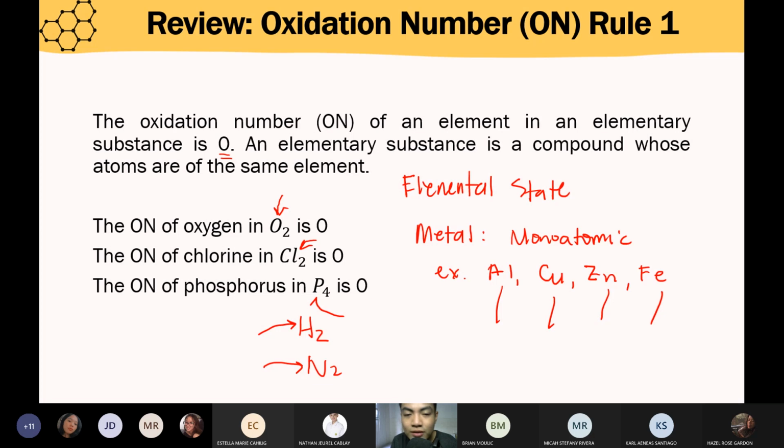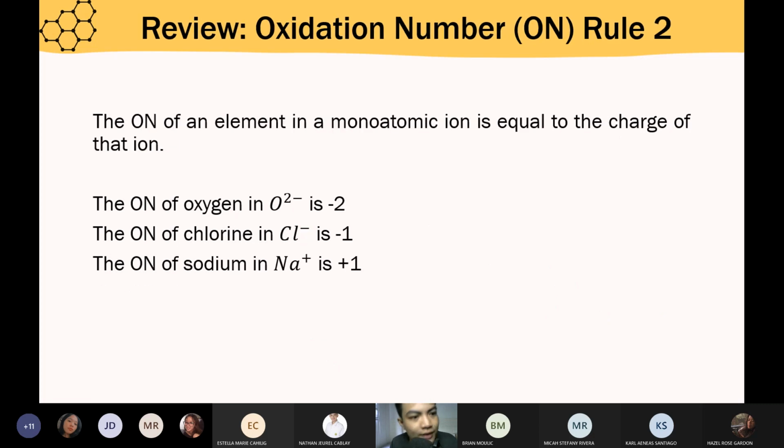So, those are examples of elemental state. Okay? So, again, rule number one is very easy. If you have an elemental form of your compound, then the oxidation number is 0. Okay? Let's proceed with the next rule.